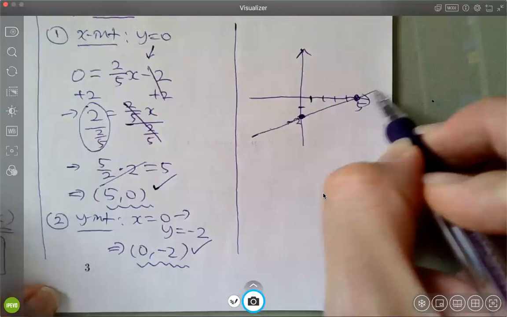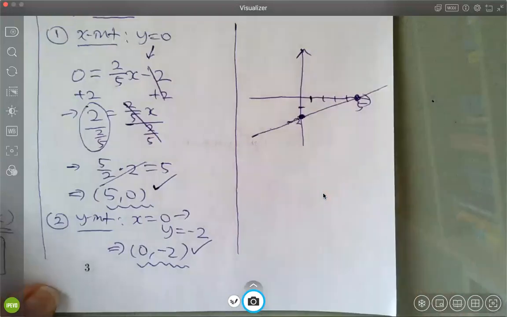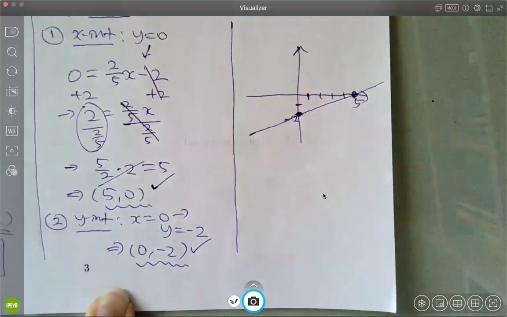Something like that, right? Okay, so it's an increasing line. Okay. Any questions on these 2 problems? So it's fairly simple, right? It's just tedious, basically.